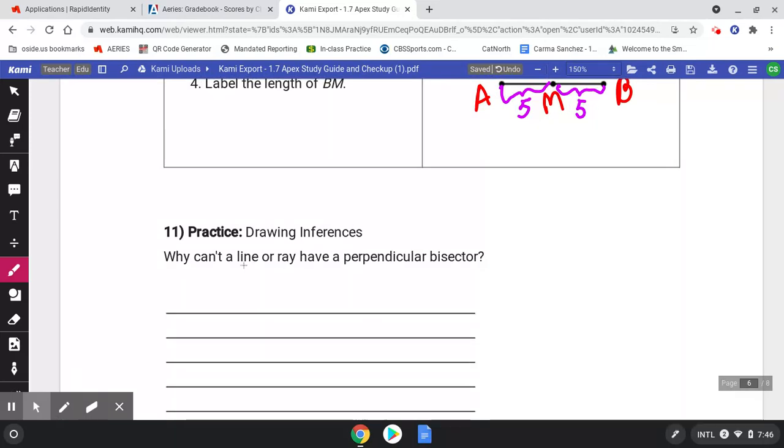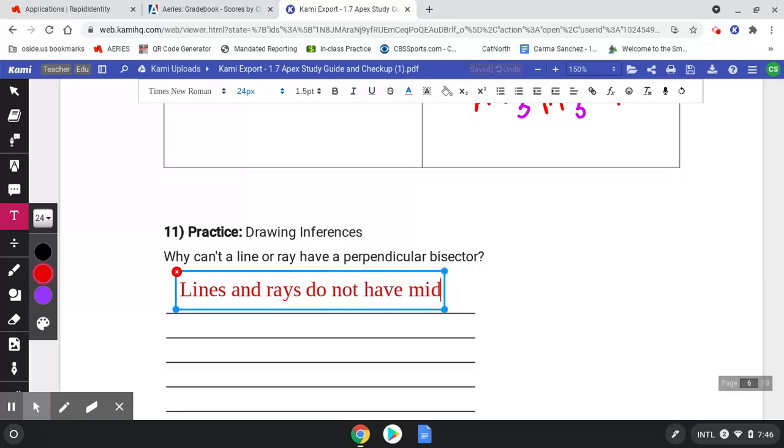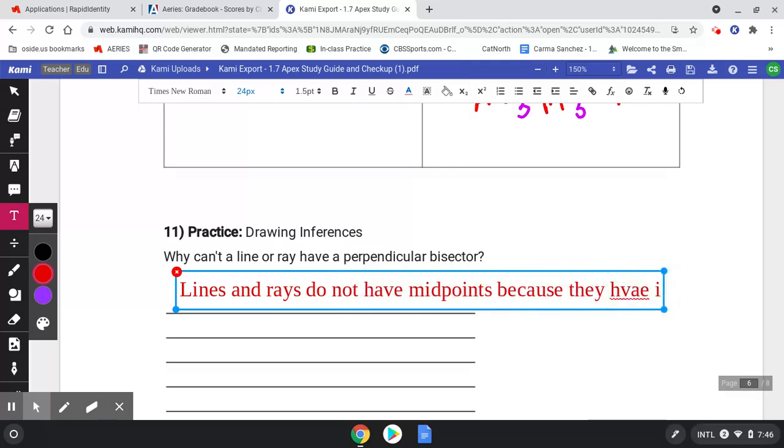Why can't a line or a ray have a perpendicular bisector? Lines and rays do not have midpoints because they have infinite length.